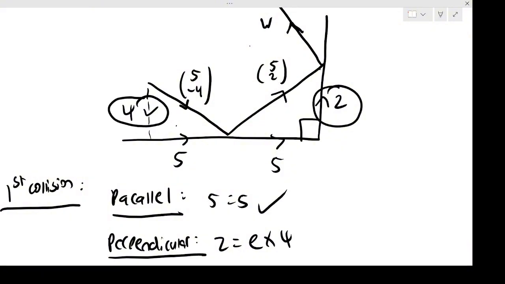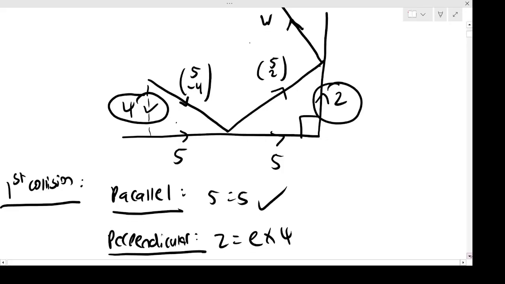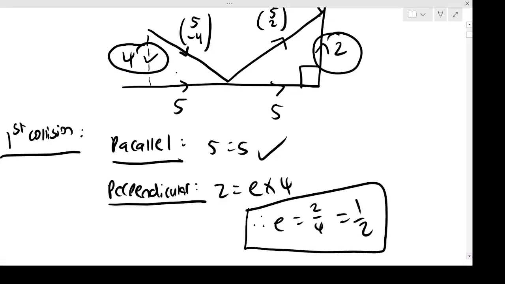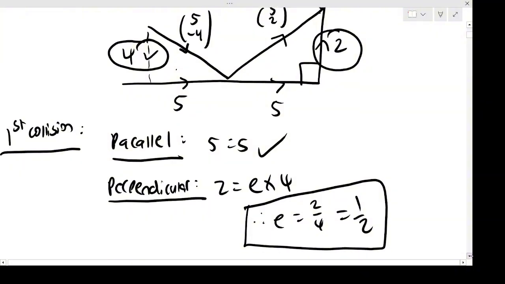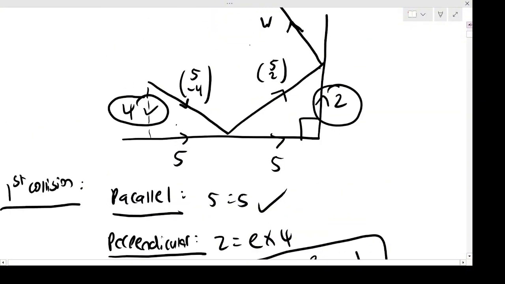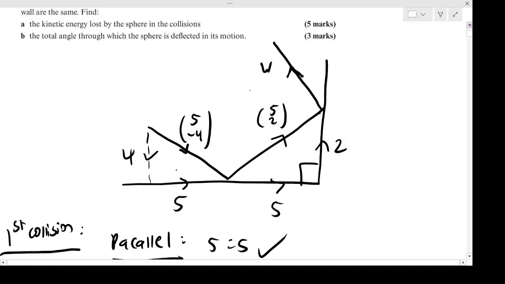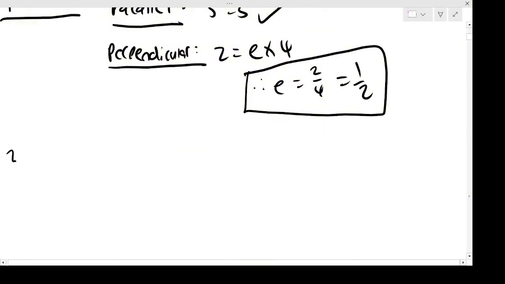So we can work out e. e is going to be 2 over 4, which is a quarter, and so we've found e.